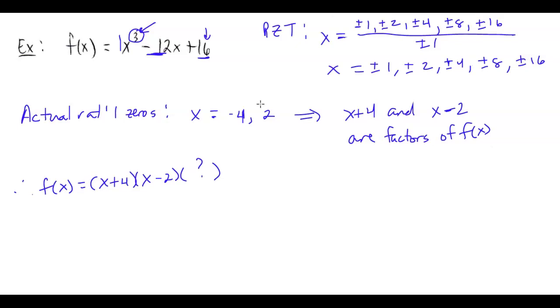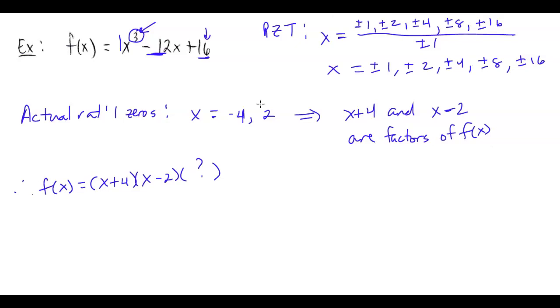According to the irrational conjugate pairs theorem and the complex conjugate pairs theorem, that additional zero can't be either irrational or complex, because remember, they come in pairs, okay? So we know this is going to be another rational number, okay?